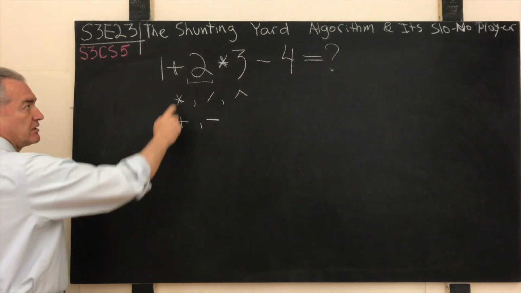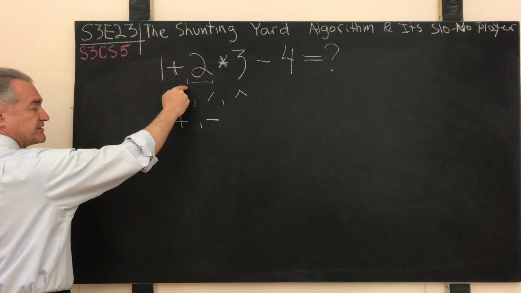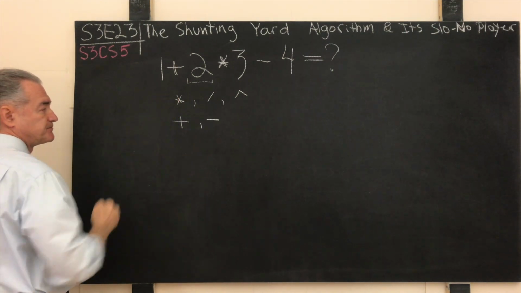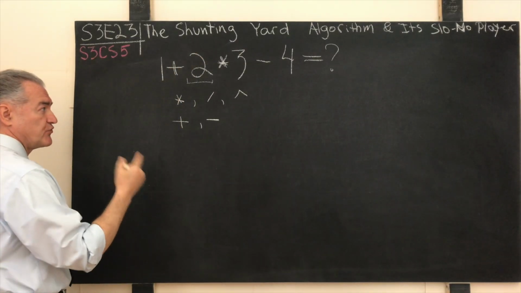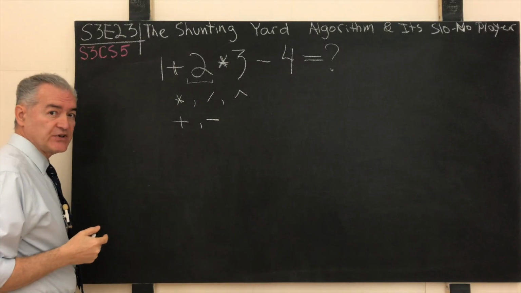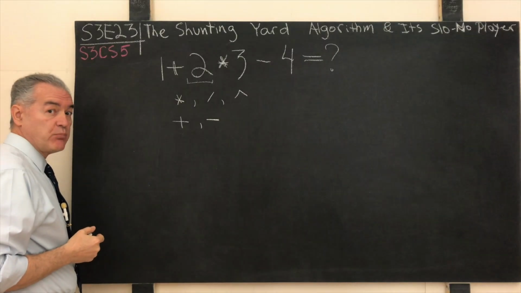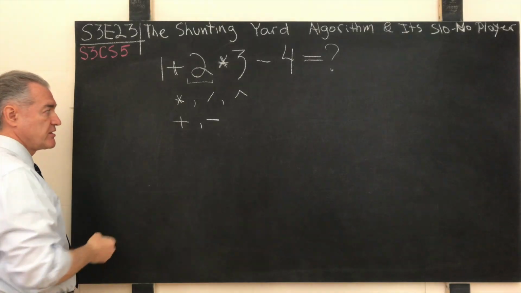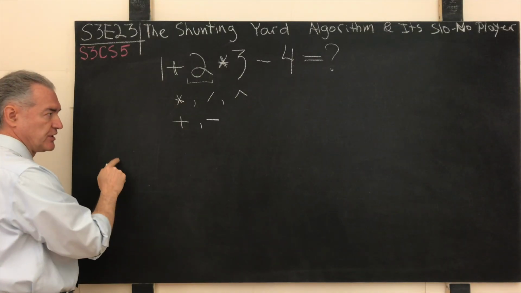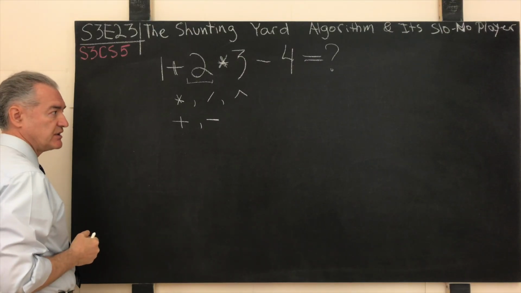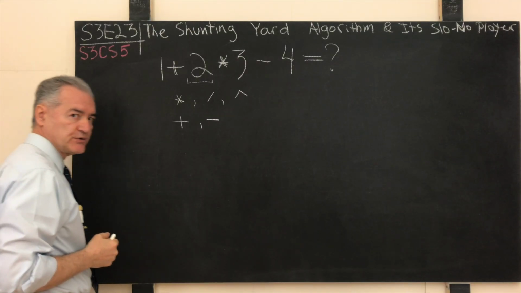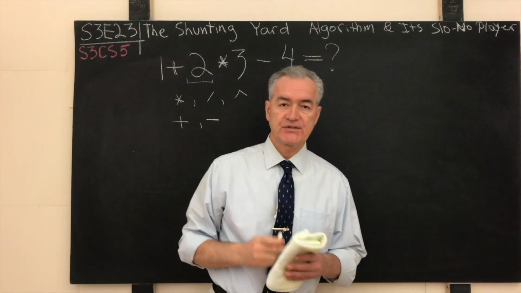And the place where the precedence of operators is needed in the Shunting Yard algorithm is during the first stage, when an infix expression is parsed or transformed into either a prefix form or the postfix form, and that is precisely the subject that we will talk about in a few seconds.